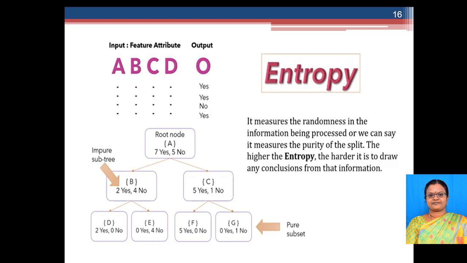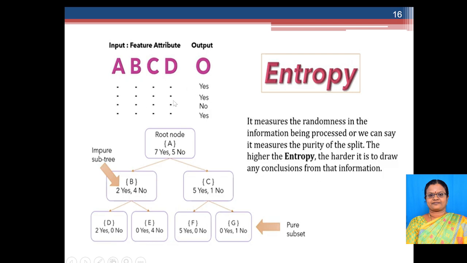So what is entropy? It measures the randomness in the information being processed, or we can say it measures the purity of the split. We have to start with an impure subtree, then split it, and finally at the end you should get a pure subset. This is called entropy. The higher the entropy, the harder it is to draw any conclusion from that information.